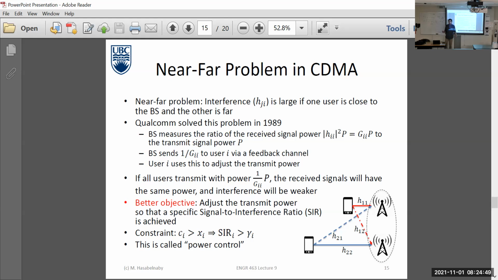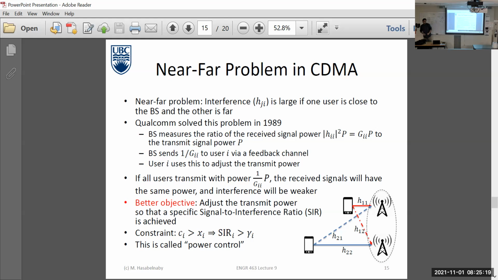Also, as we know, power is inversely proportional to the square of distance, and in some models, it is proportional to distance to the power 4. So the signal attenuates by default. Our signals attenuate by propagation in free space. Okay, so we have a problem.